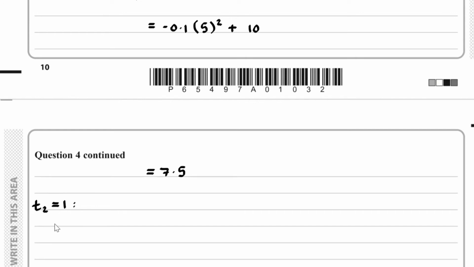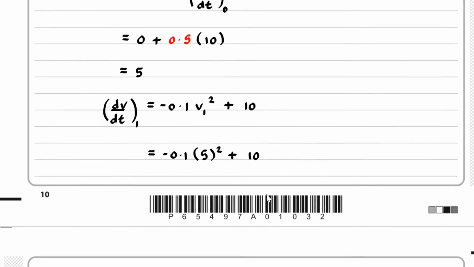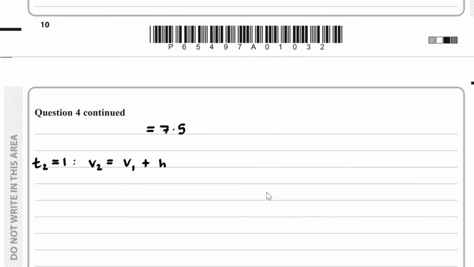Knowing that t2 equals 1, v2 is equal to v1 plus h multiplied by dv over dt 1.